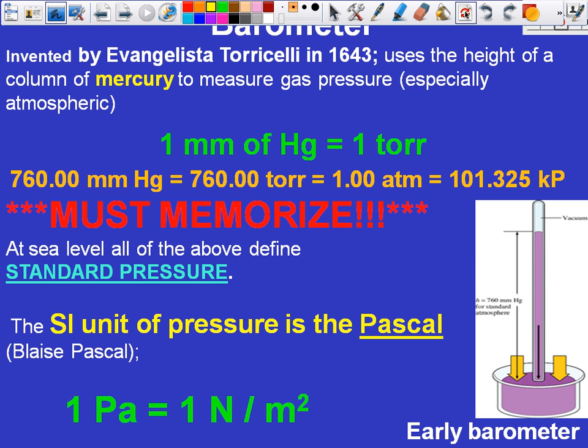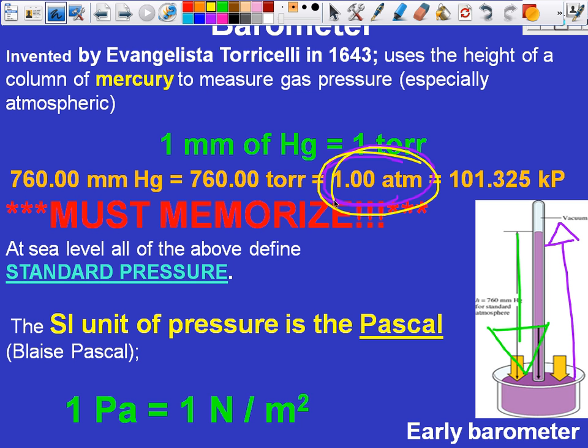So what he essentially said was that if you have 1 atmosphere of pressure pushing down on a liquid, the distance that it traveled up was the variable relationship. And so what he was able to determine is that 1 ATM, and I'm going to explain this a little bit better once I use the formulas here, which is the pressure that is constantly pushing down on us, made the column of mercury rise 760 millimeters.